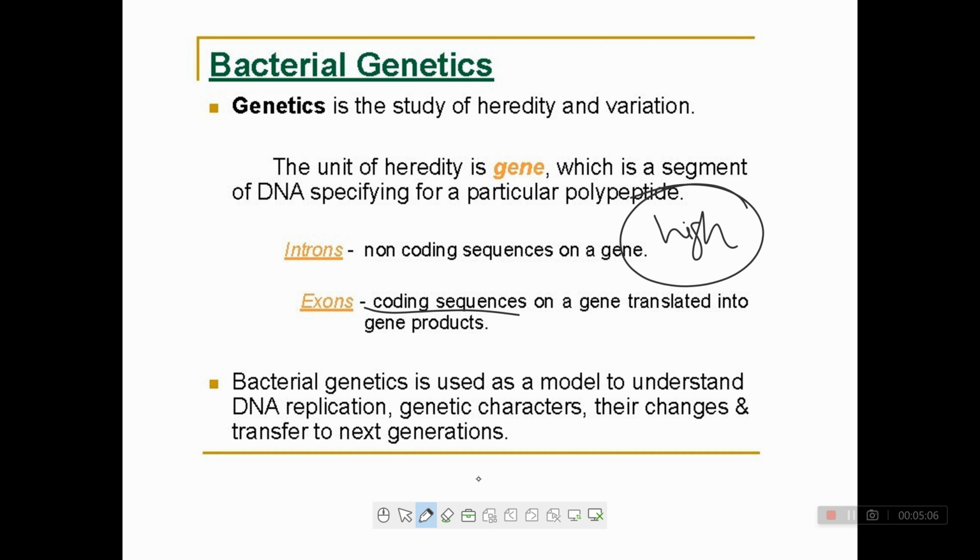So we can easily see the process of replication, genetic character, and how they transfer from one generation to the next. That's why bacterial genetics acts as a model.